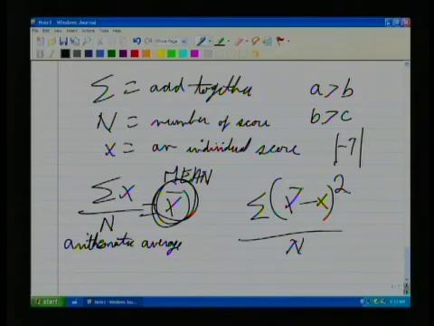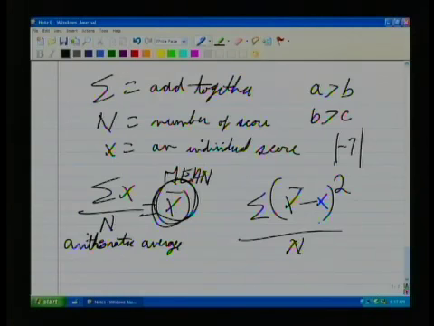But in the end, they decided to square each number. So you square the 1, you get a 1. You square the -1, you get a 1. If somebody got 5 points below, you take that +5 and square it, and a -5, you square it, and you get a +25. You don't have to remember this, but briefly, you take each score, subtract it from the mean, and whatever you get, you square it.